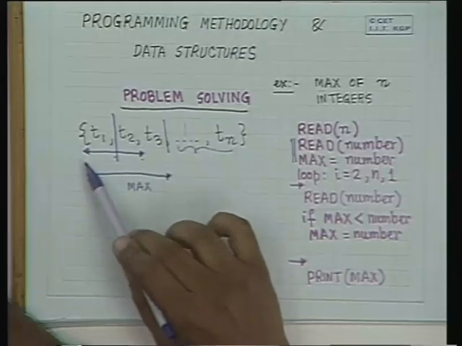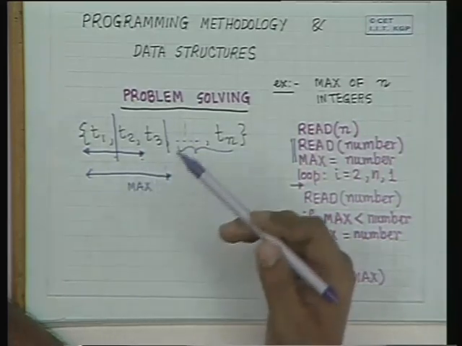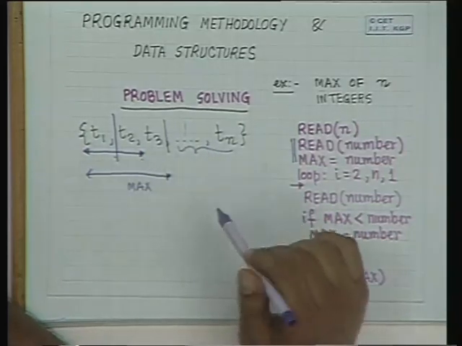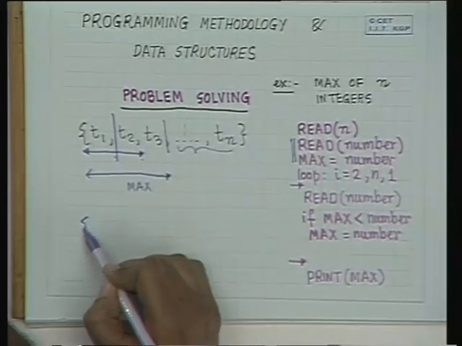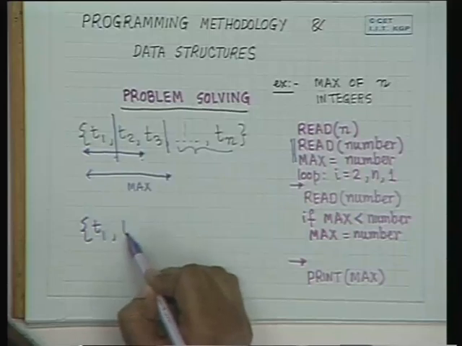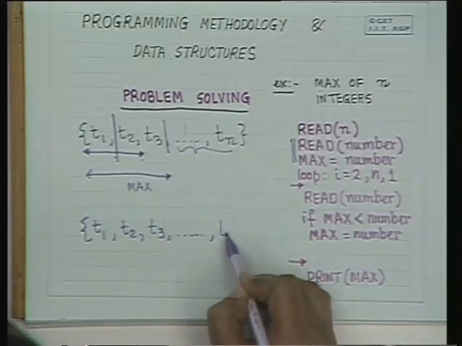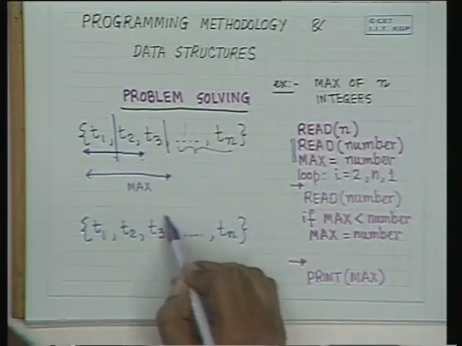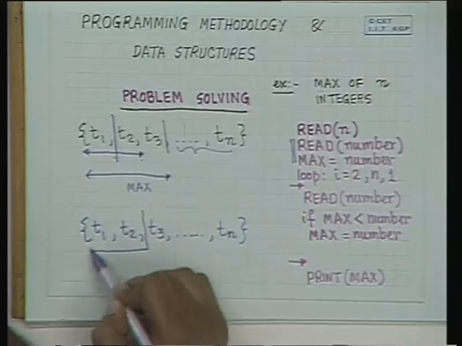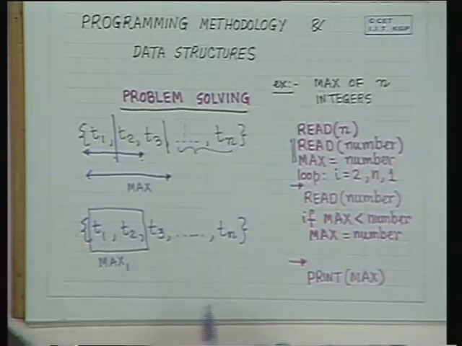But there are other aspects. Once you understand that this problem has been decomposed in this way, you will immediately start thinking that this problem could have been decomposed in other ways as well. How? For example, what I could have done was, I could have solved this problem and obtained a value called max1.